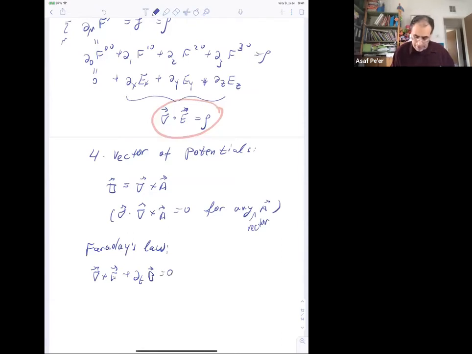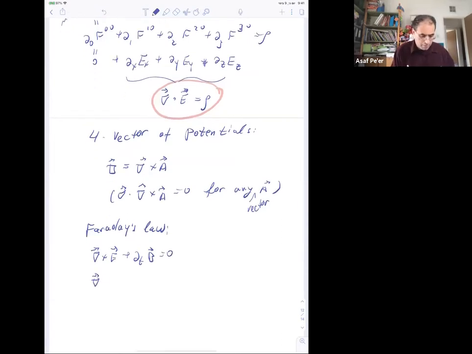I can write that as ∇×E plus (1/c) ∂_t A equal to 0.